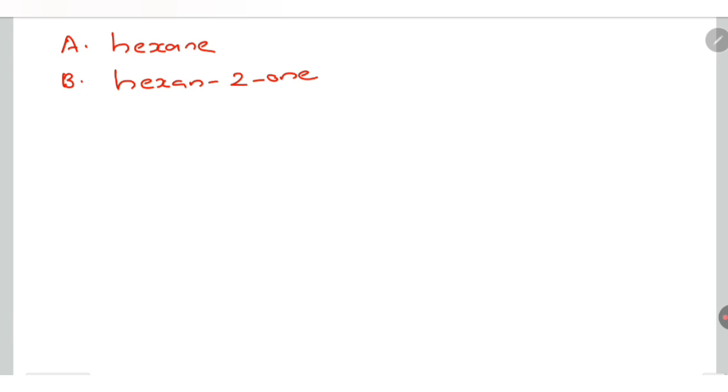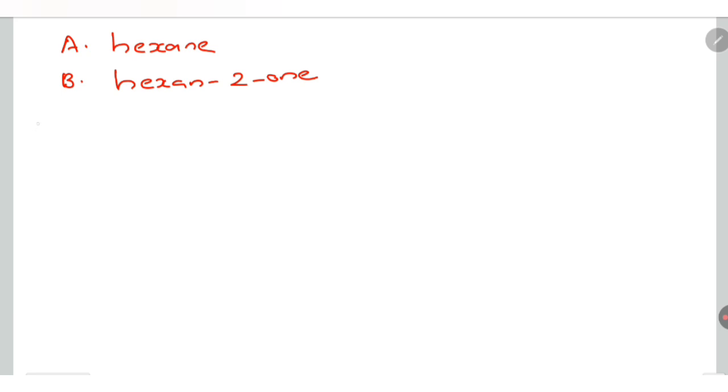If the intermolecular force is stronger, you need more energy to overcome that intermolecular force. Weaker intermolecular force means you need less energy. So if energy is high, boiling point is also high because you are heating at a higher temperature, right? So that's why boiling point is higher there.